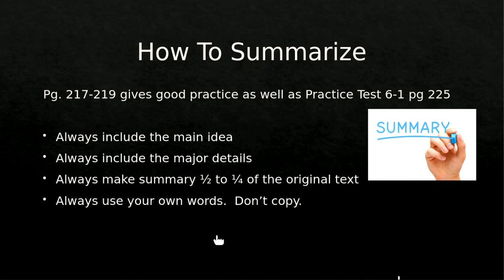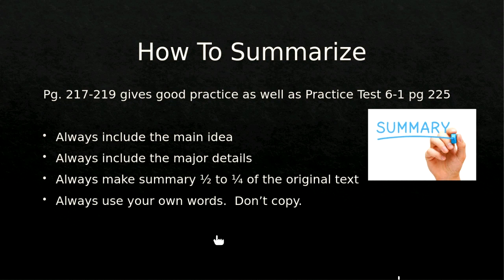Okay, why don't we just do that one then? The tourist, bottom of page 217. It will take you a couple minutes to read it, but take your pencil. I want you to look for the major details. Try to find a main idea, and then you're going to choose A, B, C, or D. One of those is going to be a good summary.